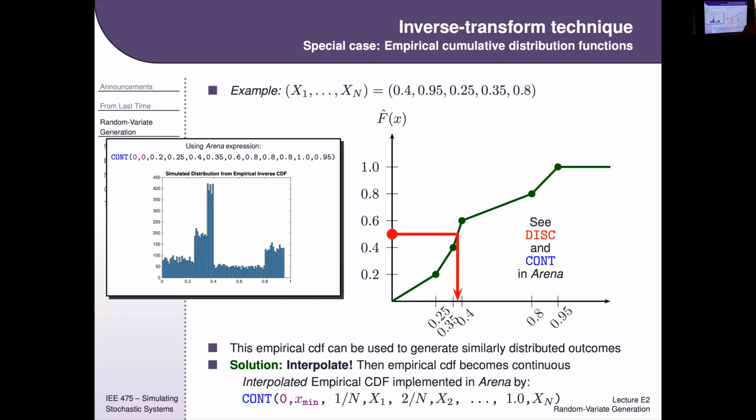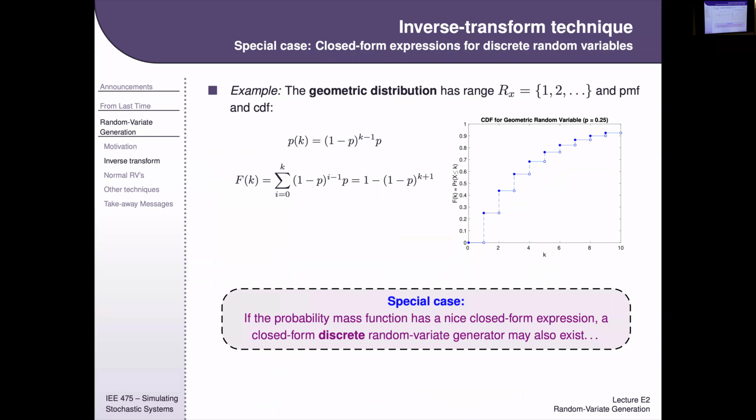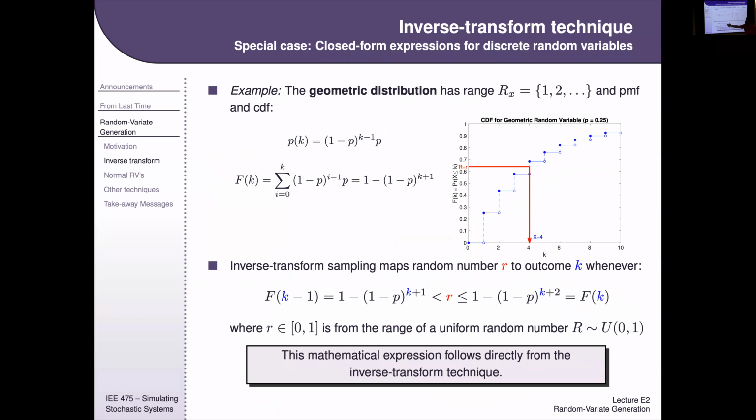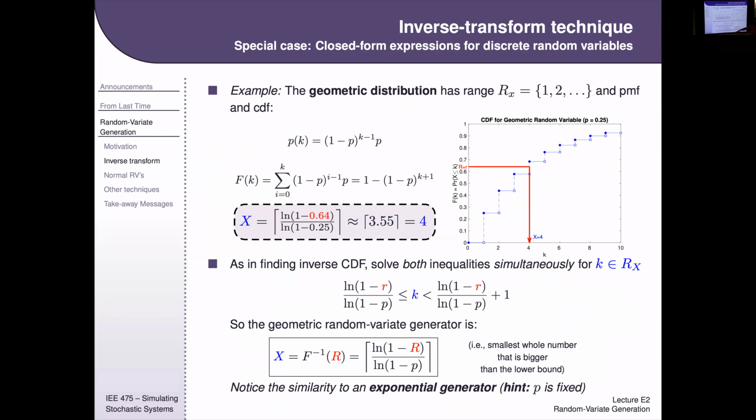I want to make sure you hit that too. The other thing that you possibly can do is, if you give a probability mass function in terms of a formula, it is possible to write these intervals algebraically. And if you're clever, you can come up with an inverse transform generator like this one that has a closed form.